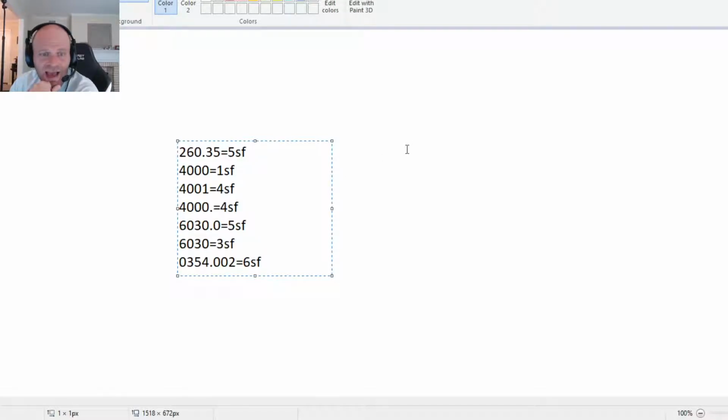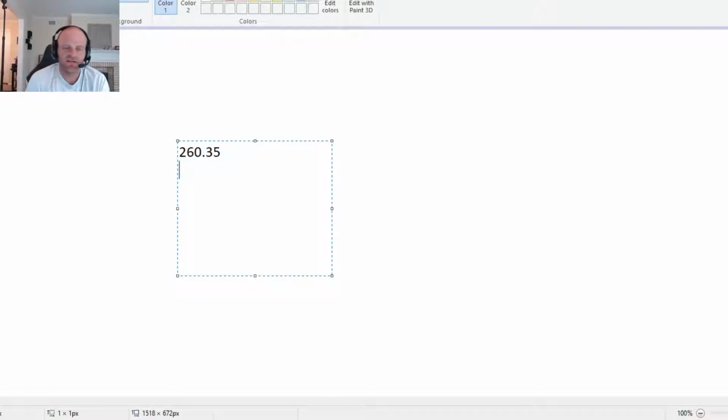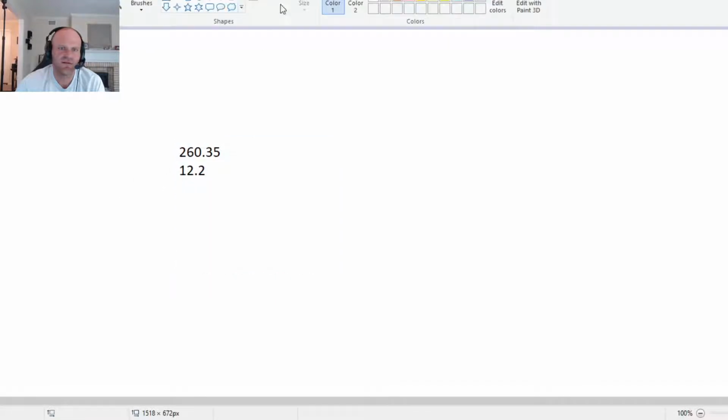Anytime I am adding numbers together, let me clear all this off. Let me come up here and clear that off. And let's do plus 12.2. So this is an equation. Let me take that off. That should be a plus, so I can't really write.